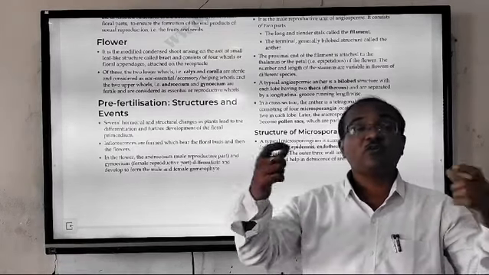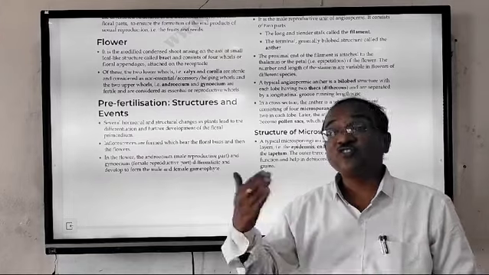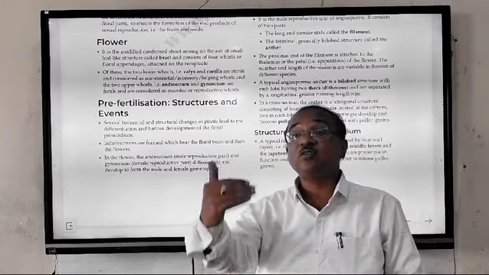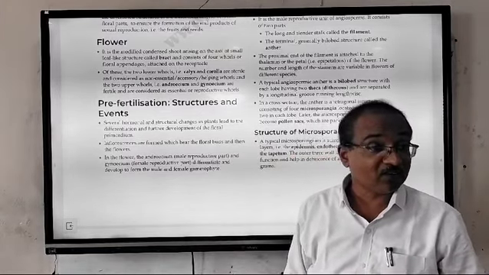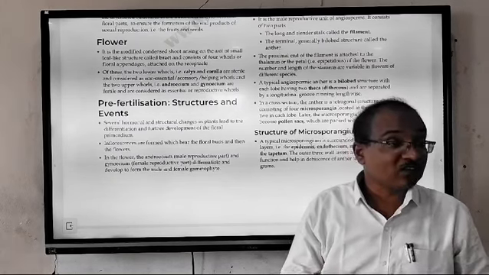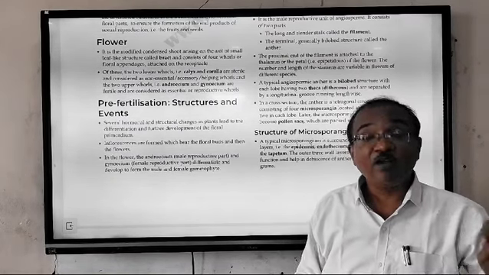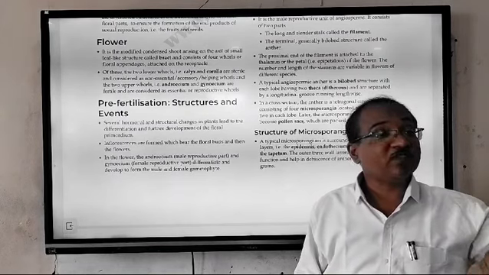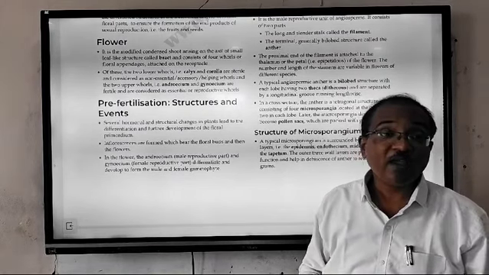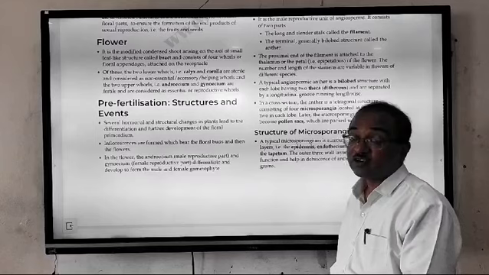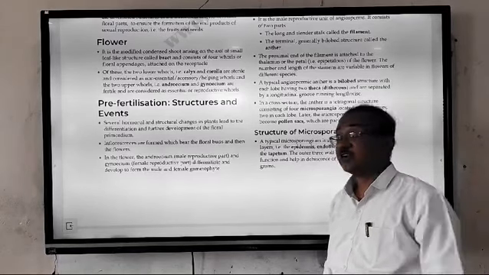Fertilization is the union of two gametes. And post-fertilization: after the union of the gametes, what different changes are there? That is the formation of the zygote, and from the zygote, the formation of the embryo. All those processes are included under post-fertilization.